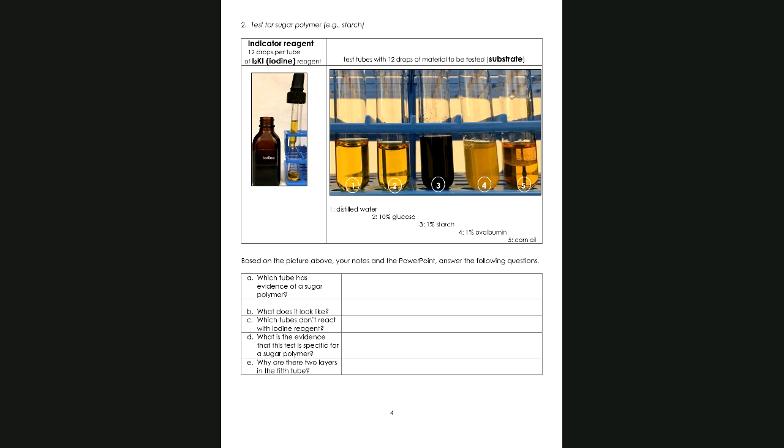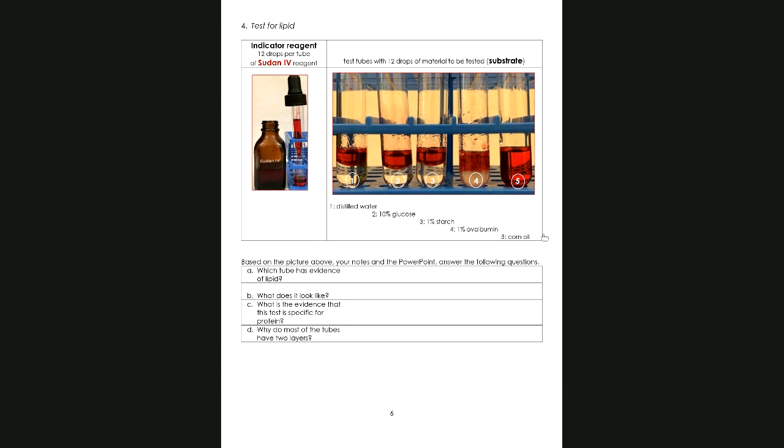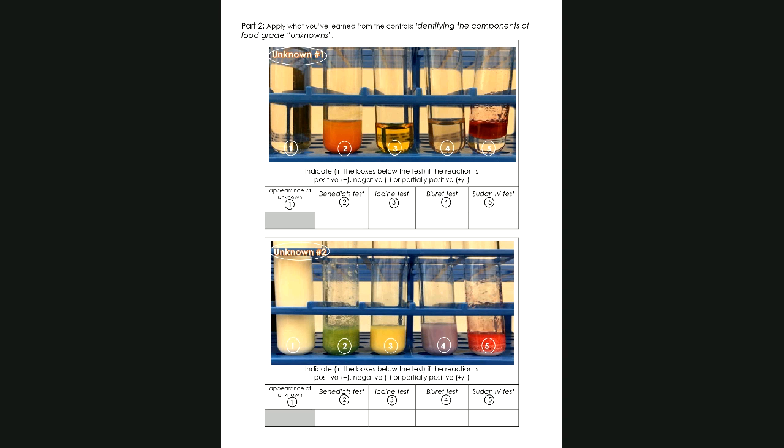The next test then, again, you're going to answer these questions and then submit this. You're going to make your way all the way through, first through all the controls, and then we get to the unknowns. We just walked through the first unknown, complete with answers, and the second one. What I want you to do is run through the rest of them.